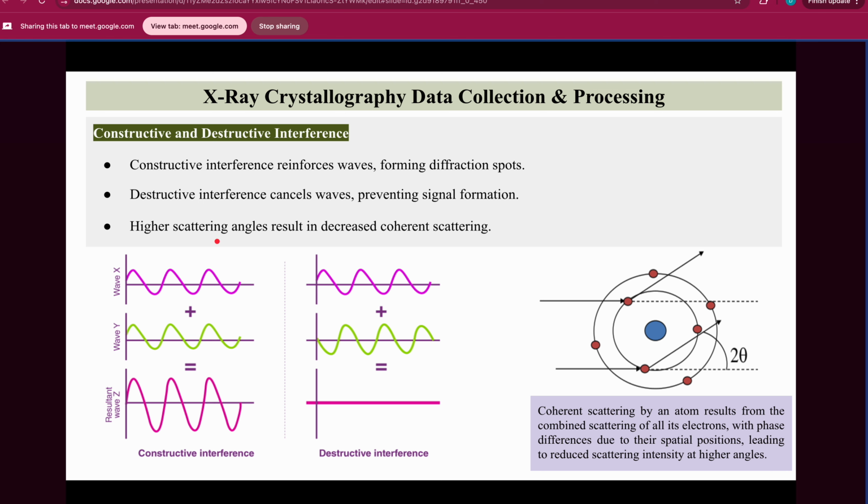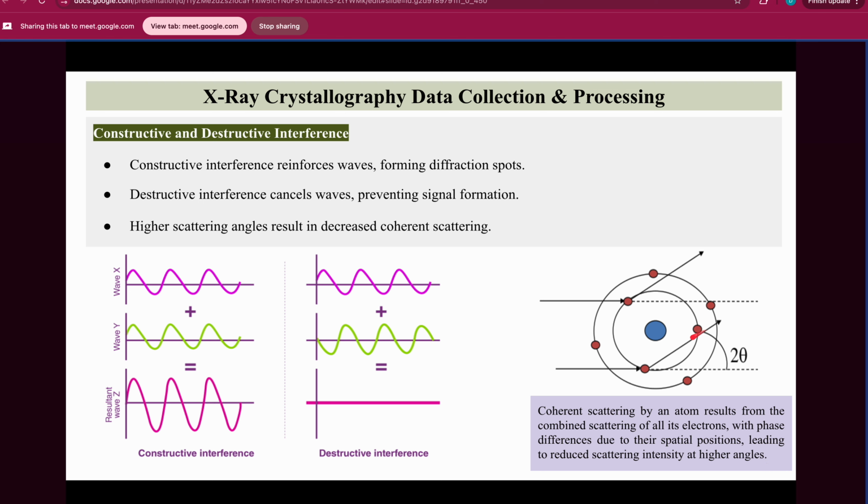And then another thing is the scattering angle. If there is a higher scattering angle, it results in decreased coherent scattering. So we want that the scattering angle should be less. It should not be high. So this is to show you what will happen if the scattering angle is large. So if it is 2 theta, then coherent scattering results from the combined scattering of all its electrons with phase differences due to their spatial positions, leading to reduced scattering intensity at higher angles.